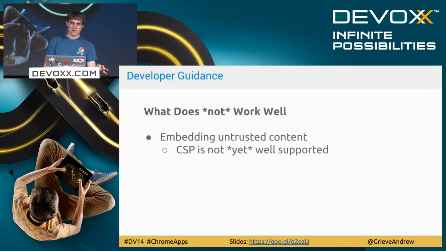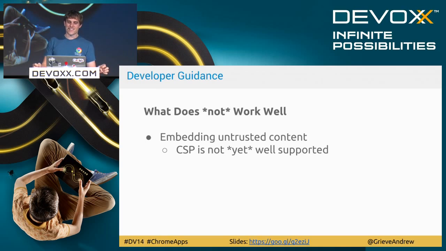What does not work well? Embedding untrusted content. CSP is not a silver bullet. If you don't trust the script tags you're pulling in, they could do bad things. The Cordova policy on this is generally that there's no protection against malicious code running in your application. If you have third-party code and it does something bad, we've told you not to do that.